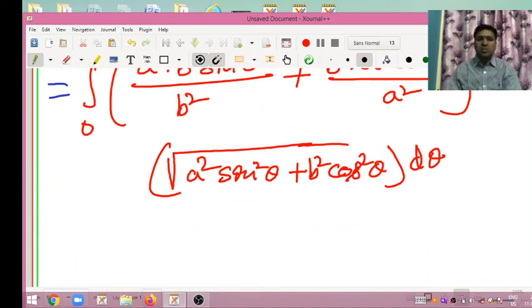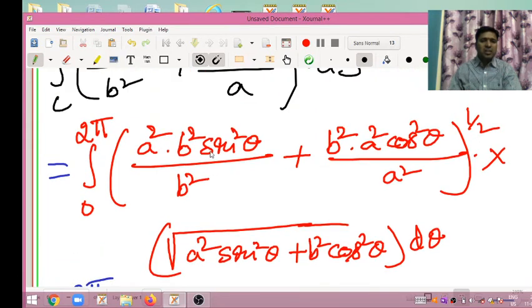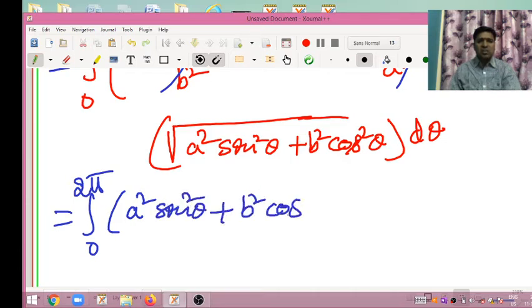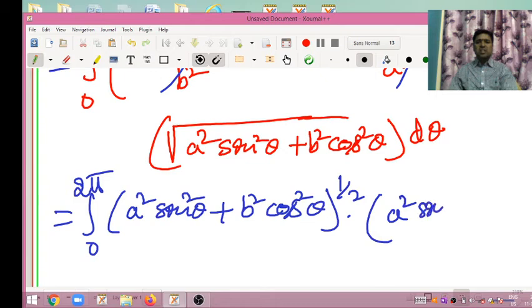Now we want to simplify carefully. Integral 0 to 2π. Here b² gets cancelled, here a² will get cancelled. See, my dear friends, what is given? a² sin²θ + b² cos²θ whole to the power of 1/2, into already a² sin²θ + b² cos²θ under root, root is nothing but 1/2 again, into dθ.